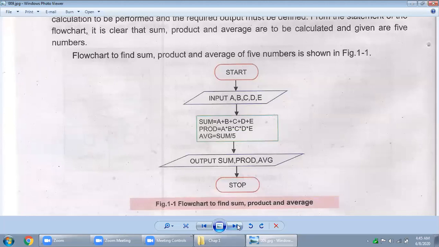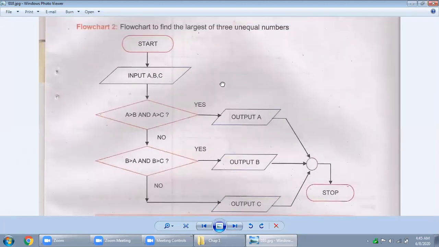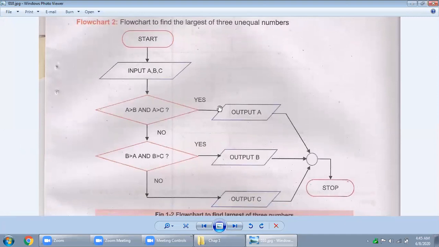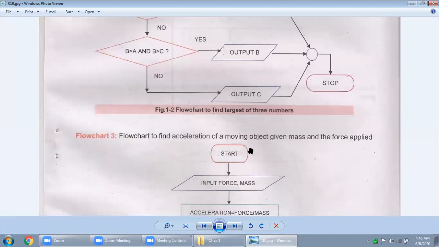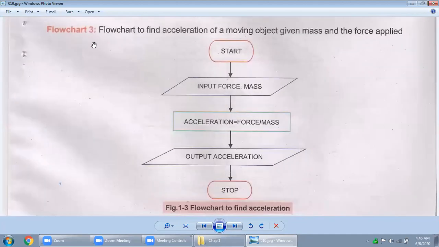This is the flowchart of question number 2. And watch here, this is the flowchart for problem number 3: flowchart to find the acceleration of a moving object given mass and the force applied.